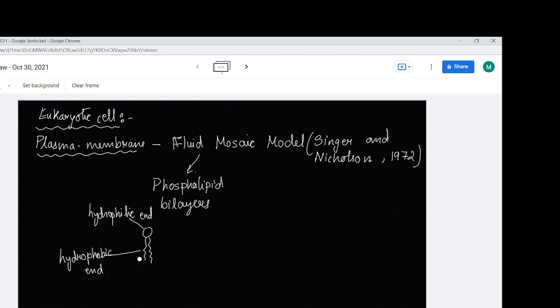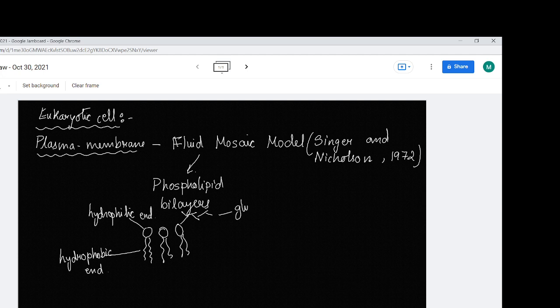And on the outer side of some of the lipids, sugar chains can also be attached. So certain sugar chains may be attached like this, and these are glycoproteins and glycolipids.